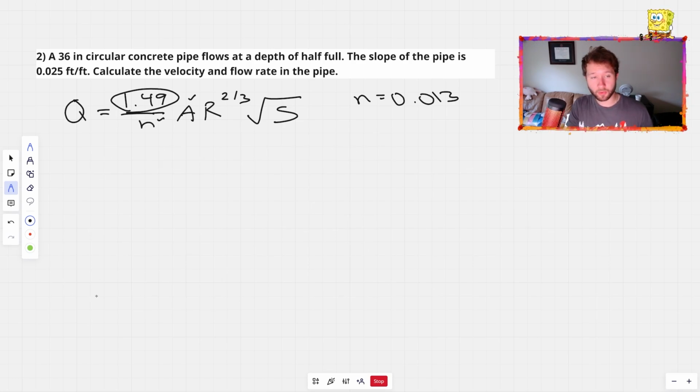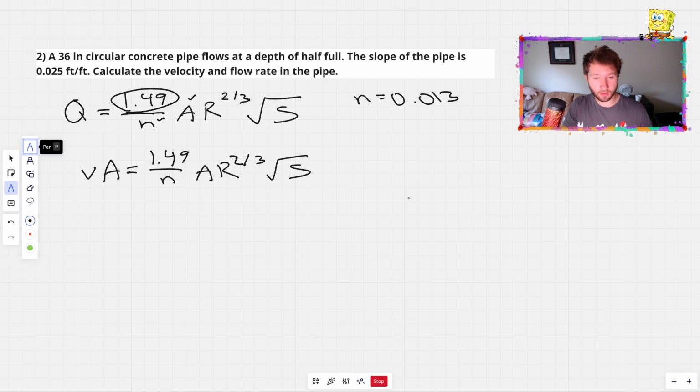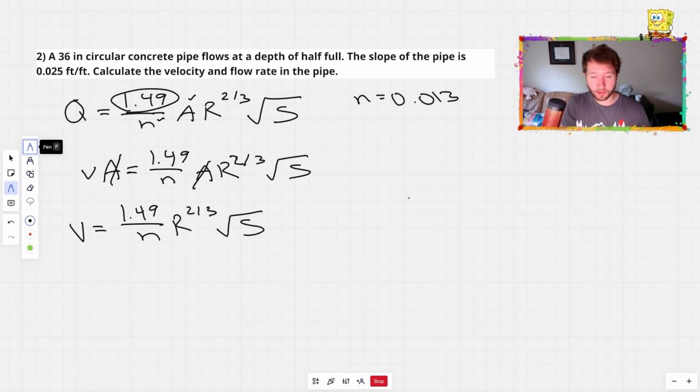So now we have what we need to calculate the velocity and flow rate. For velocity, I'm just going to quickly show where the equation comes from. They give you this equation in the FE book anyway. You can write Q on the left side as equal to VA, the continuity equation, and then just cross off the A's on both sides. So there's our velocity equation.